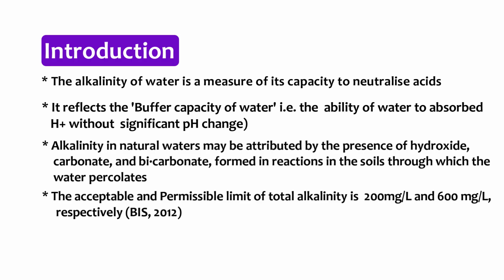As per the Bureau of Indian Standards, the acceptable limit for alkalinity is 200 milligrams per liter and the permissible limit is 600 milligrams per liter. However, this value might change if you refer to other standards, for example, WHO, EPA, ICMR, and other standards.